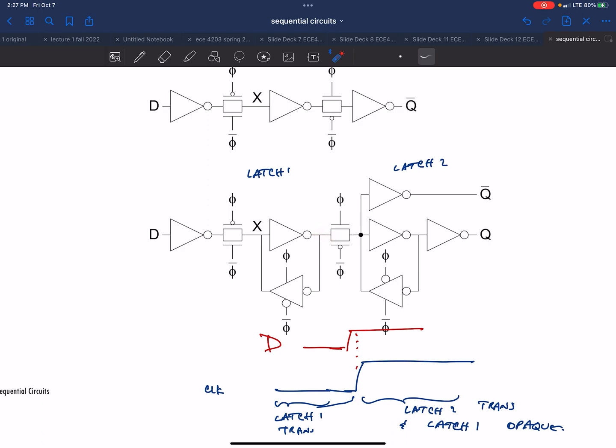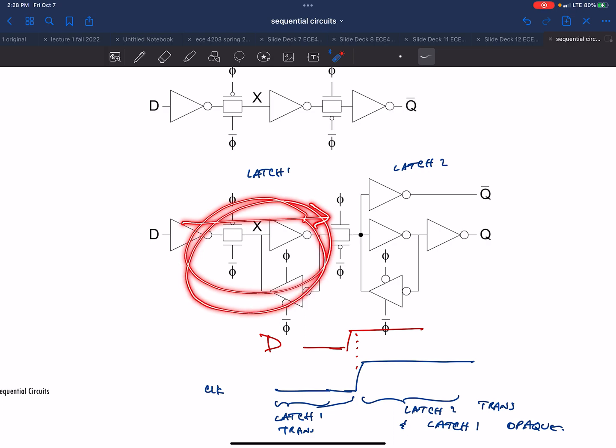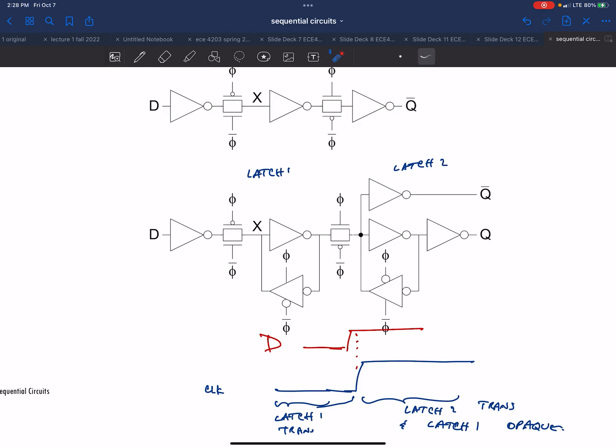To make sure we don't get some weirdness, we insist that D stops whatever it is doing a certain amount of time before this edge. Otherwise we have uncertainty. We don't know exactly what the delay is through here, from circuit to circuit, over temperature, etc. That's called the setup time. It means D has to do whatever it's going to do a setup time before the clock edge happens.